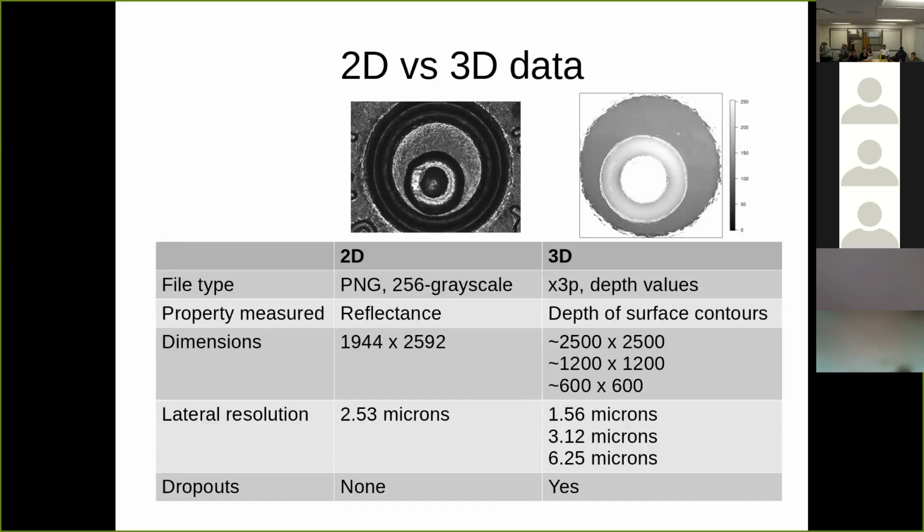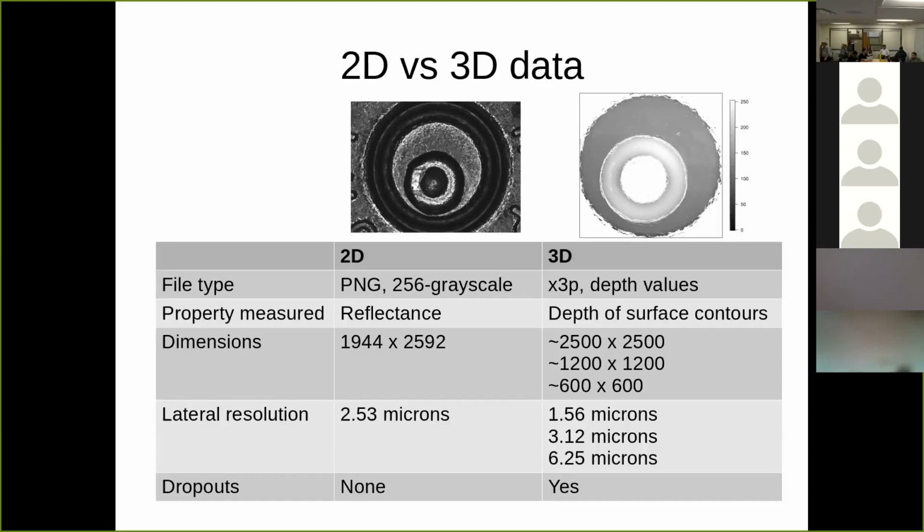For example, we need information on what type of microscope was used, what the magnification was, and so forth. The property measured for 2D data is the reflectance, so how much light is reflected off each part of the cartridge case. For 3D, we're measuring the depth of the surface contours.